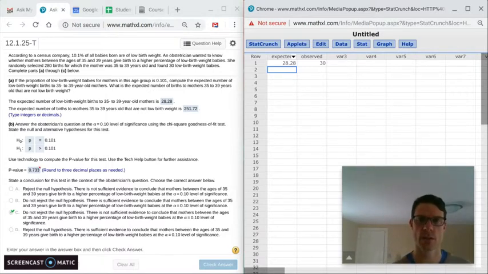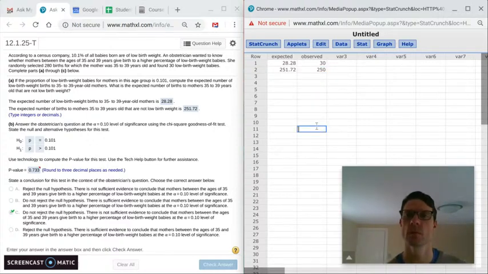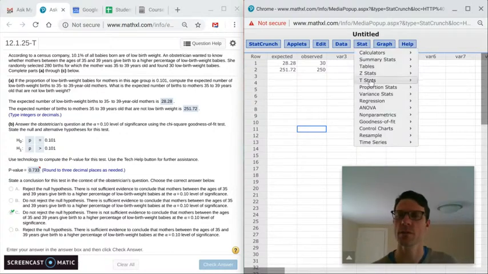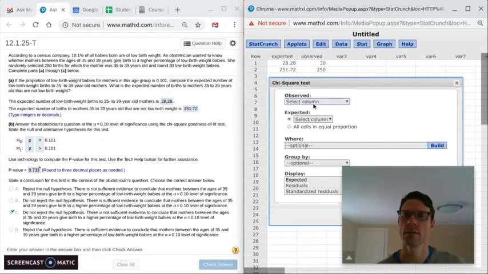So if the default assumption is correct, we expect 251.72 non-low birth weight babies, and we observe, let's see, 280 minus 30, that's 250, right? And so now we can do the goodness of fit test on these two proportions, okay? But they're really just complementary proportions, which is kind of different than most of the goodness of fit tests that we run. So here's a chi-squared.